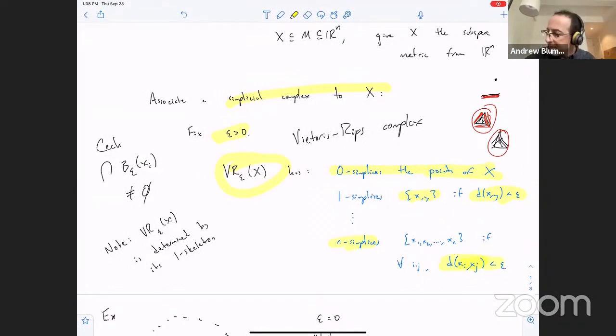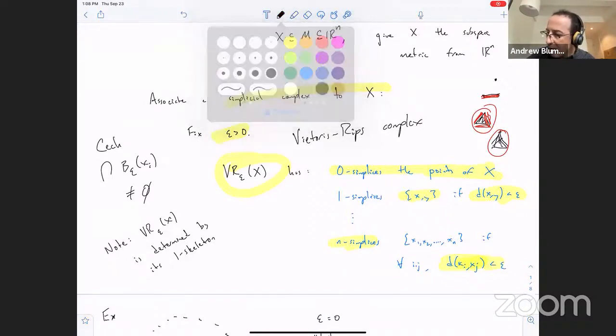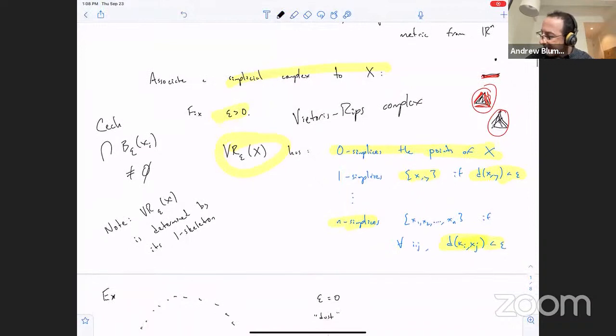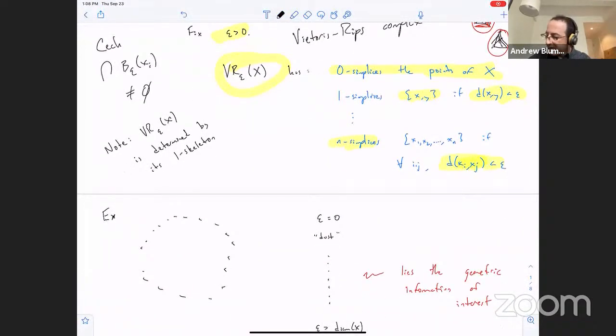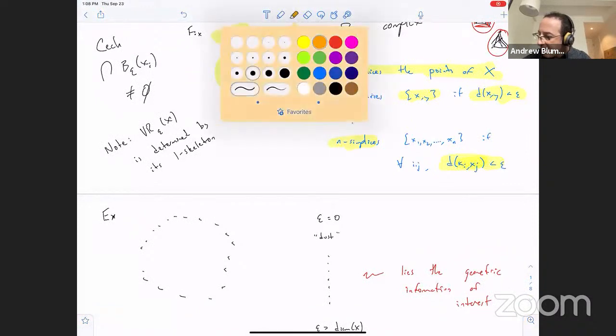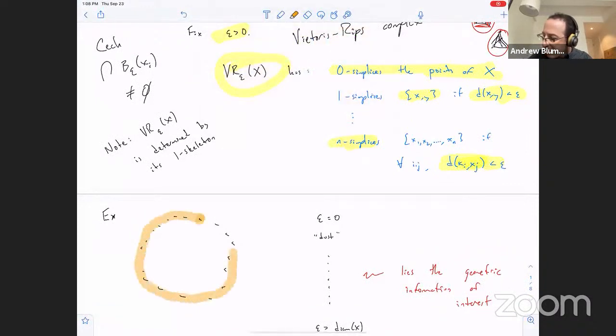So what does an example of this look like? Maybe I have an example down here. If our underlying manifold was a circle, and we finitely sampled these black points from it, then depending on what we pick epsilon to be, different things could happen.